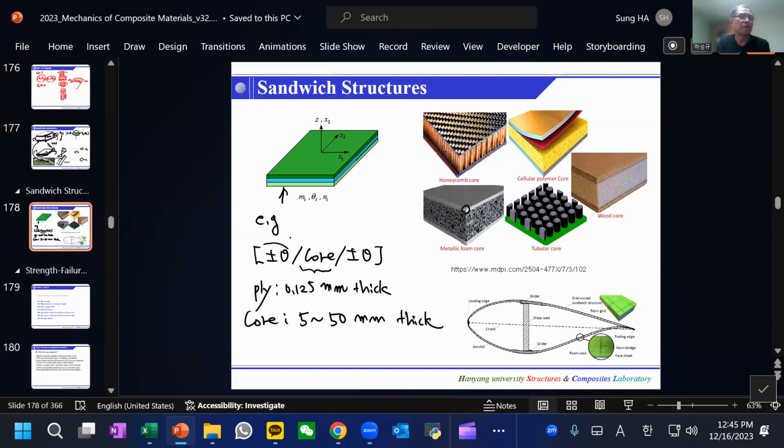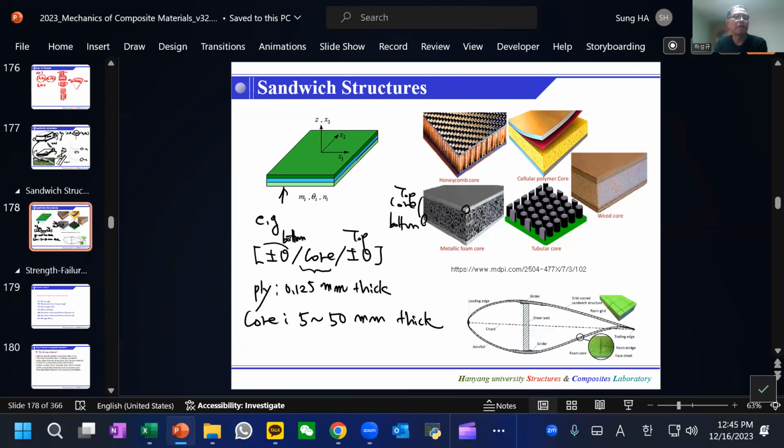So this can be considered as the bottom skin, core, and top skin.